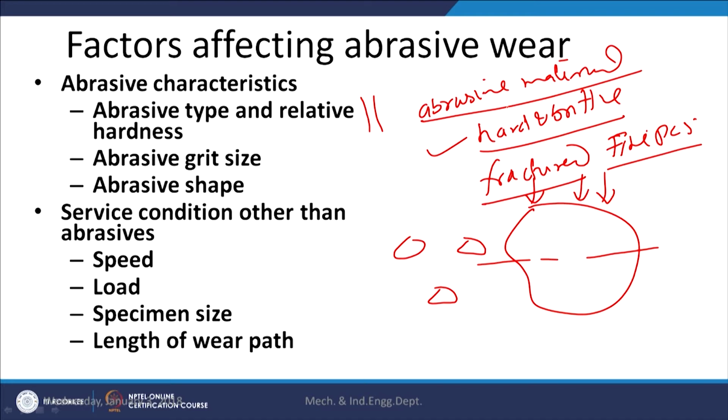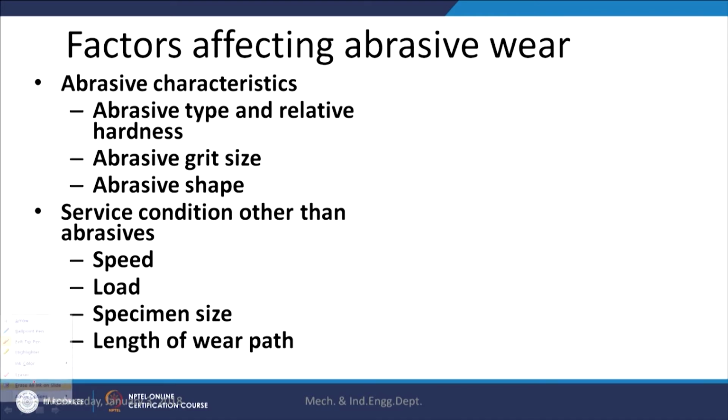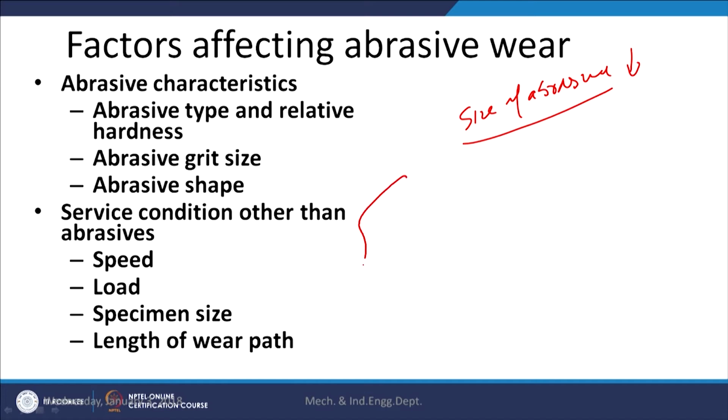Now, this fracture can affect abrasive wear in two ways. One is directly that the size of the abrasive particle is reduced. The other is that when brittle fracture of the abrasive particle takes place, it happens through the development of sharp edges and corners.